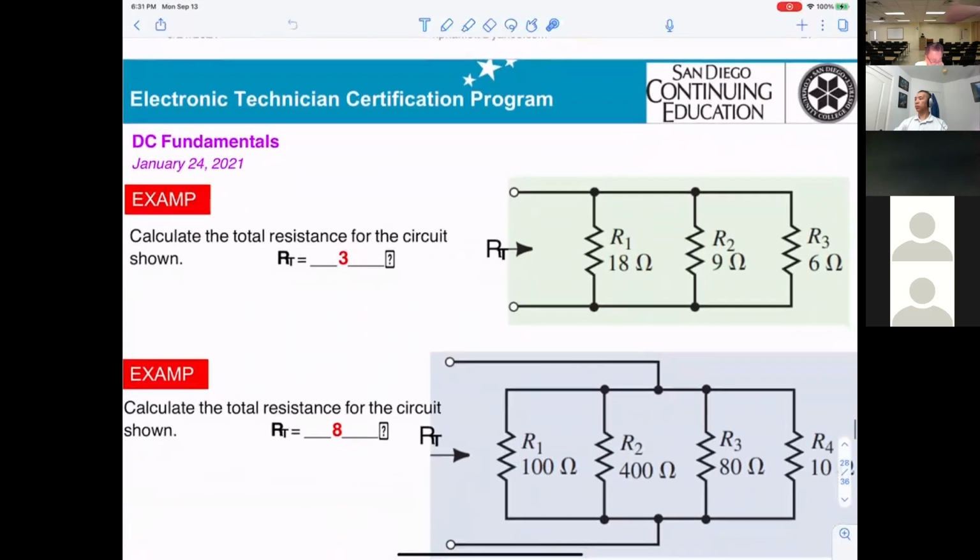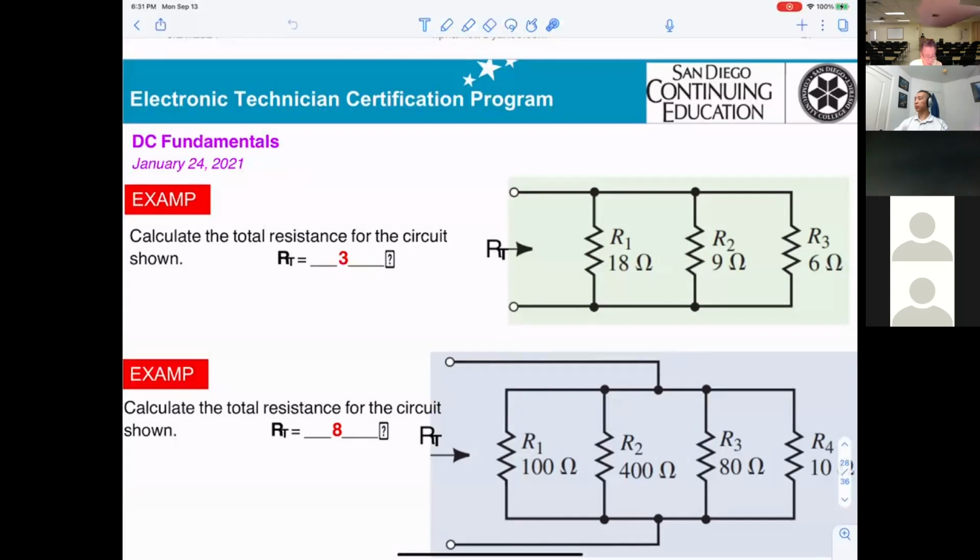Now, if you get this parallel circuit here, and we want to know the total resistance on three resistors in parallel, you have to use the formula 1 over R total equals 1 divided by R1 plus 1 divided by R2 plus 1 divided by R3, and so on.